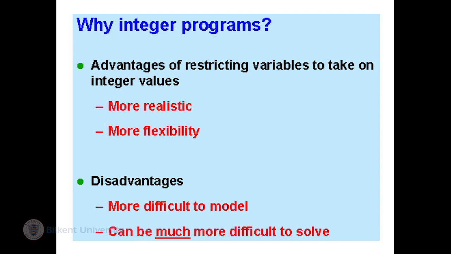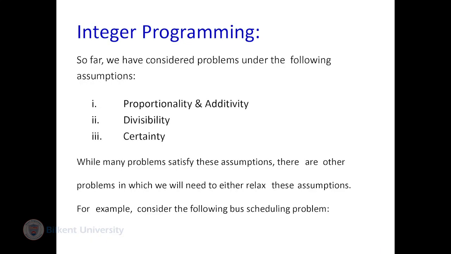All right. So remember the assumptions of linear programming: proportionality and additivity, divisibility and certainty. In the integer programs that we will have, the proportionality and additivity will remain, certainty will remain. We will only relax the divisibility assumption, okay? We will still have linear functions. We still need them.